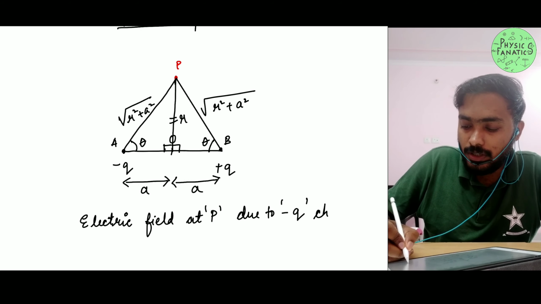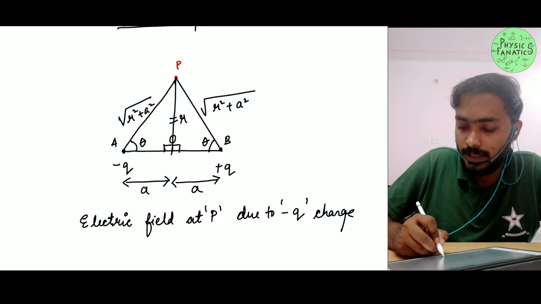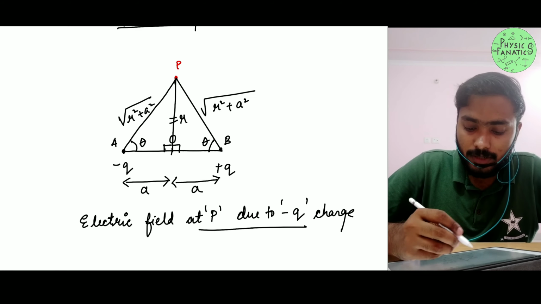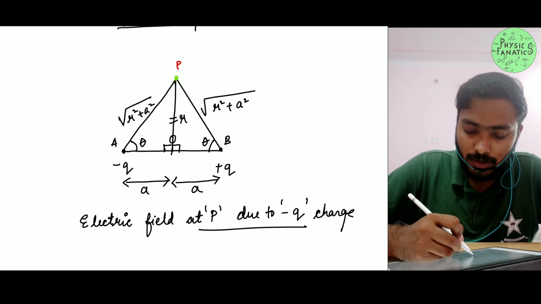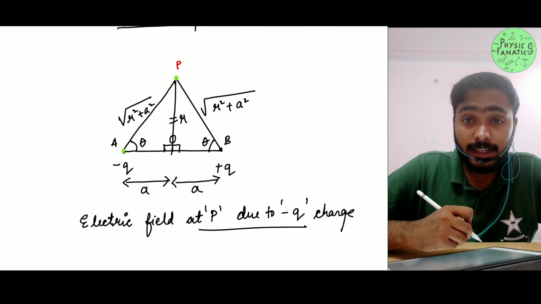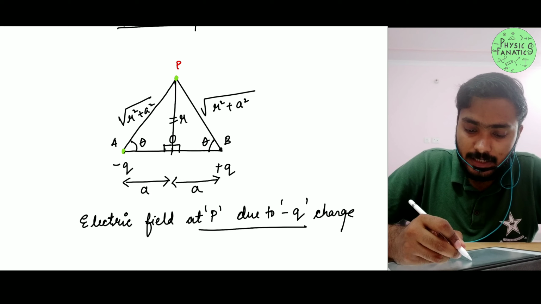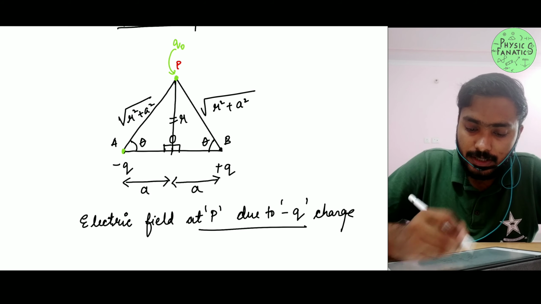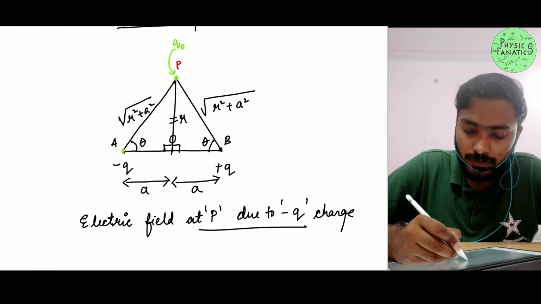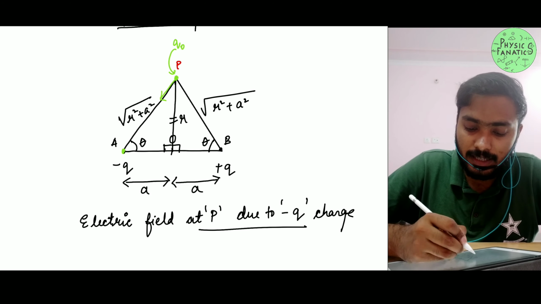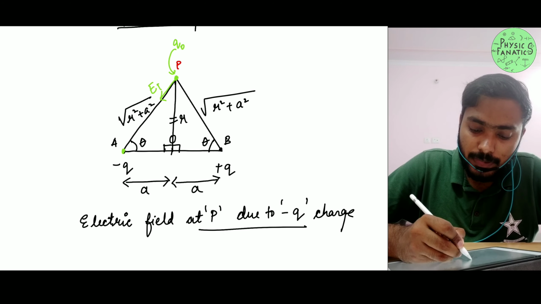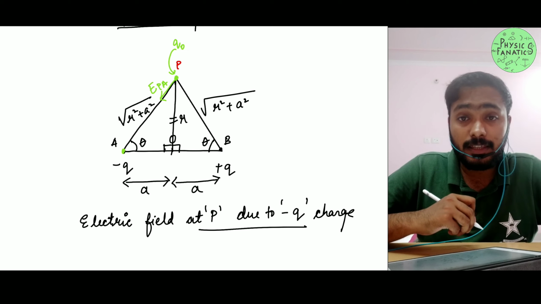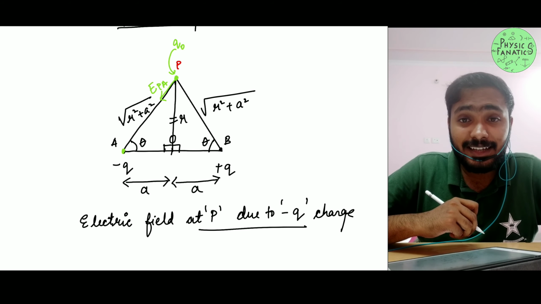Due to minus q charge will be, you guys can see, at this point, first thing is you will place a q naught charge here, right? And this q naught charge is going to experience a force in this direction, and that is your electric field at P due to A. Yes or no, right? I hope that is understandable.